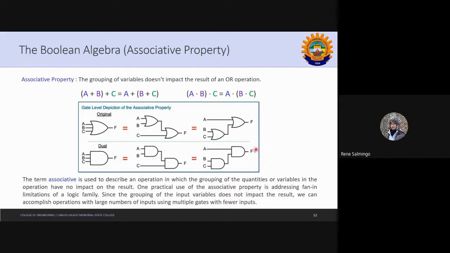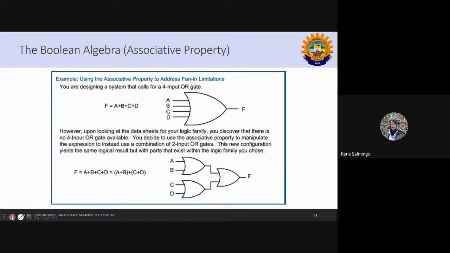Grouping this would not affect your operation, and it would have the same result.